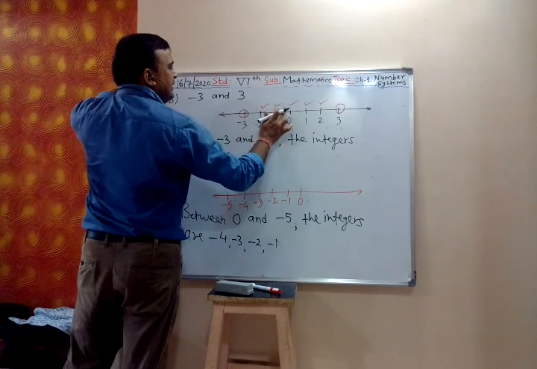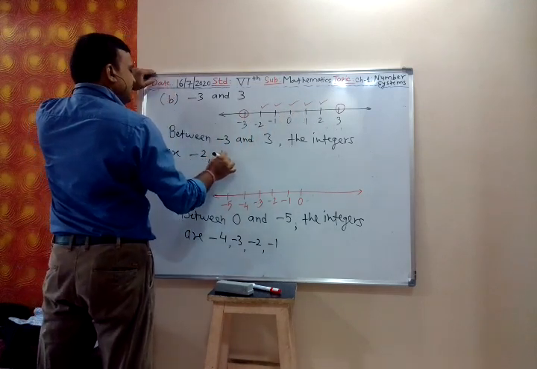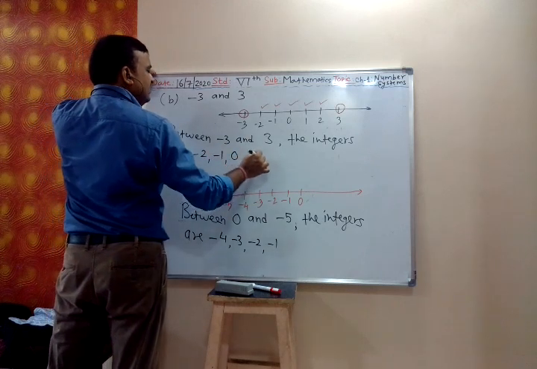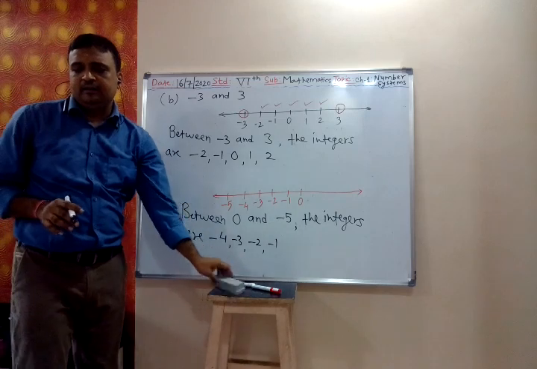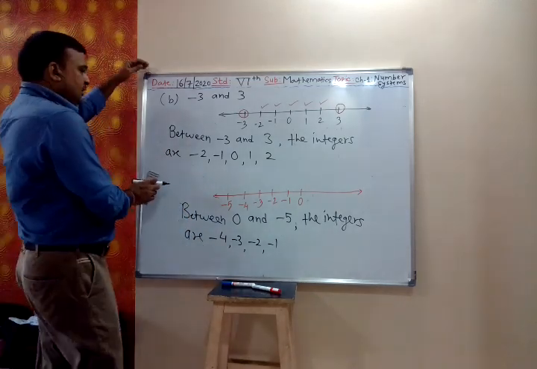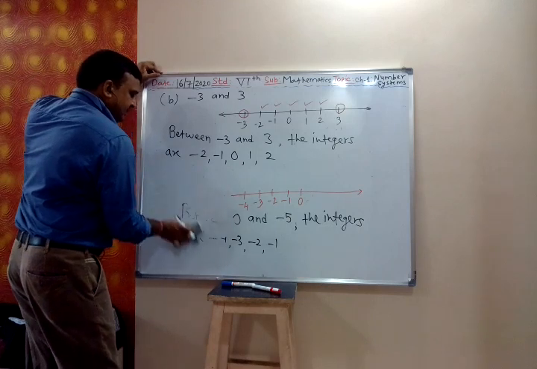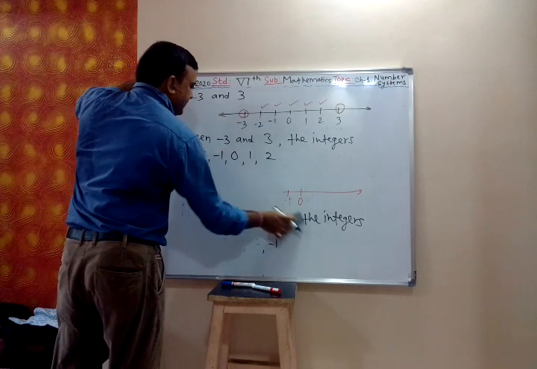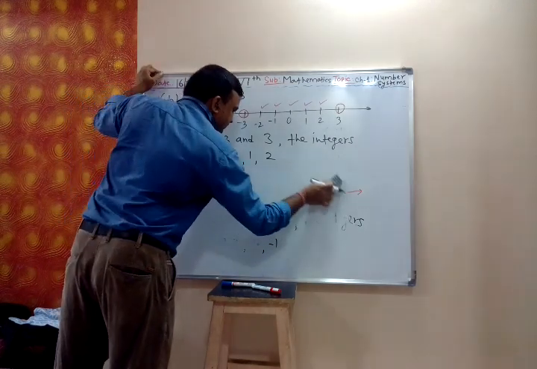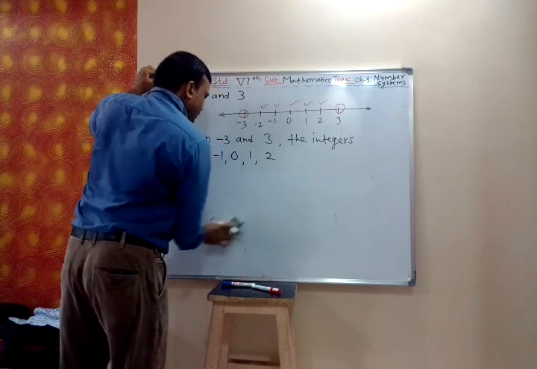Minus 2, minus 1, 0, 1, 2. They are the integers between minus 3 and plus 3. So between minus 3 and plus 3, the integers are minus 2, minus 1, 0, 1, 2.